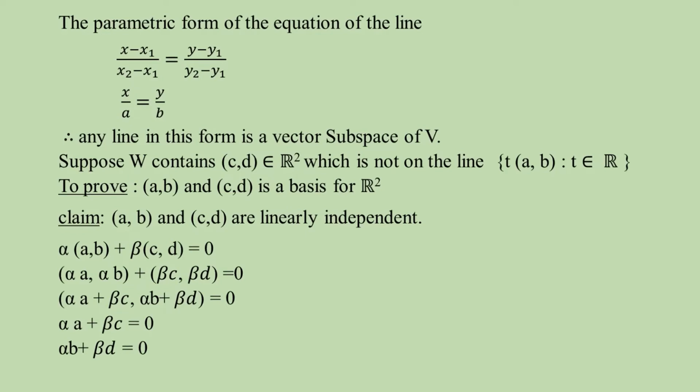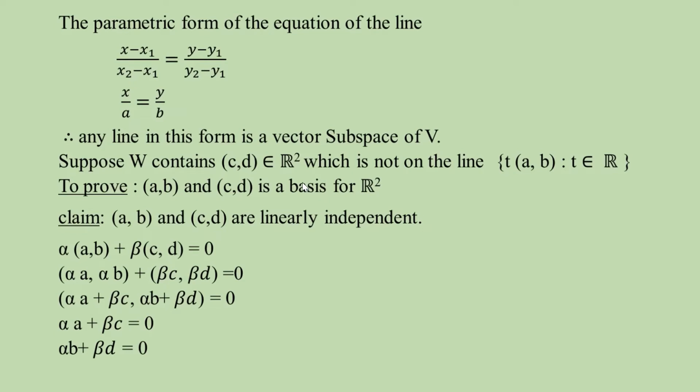Okay. Now we have one question. Suppose we take any vector in R2 which is not on the line, then what will happen? Suppose that W contains (c, d) in R2, which is not on the line t times (a, b) such that t belongs to R. Then we have to prove that these two elements (a, b) and (c, d) form a basis for R2.